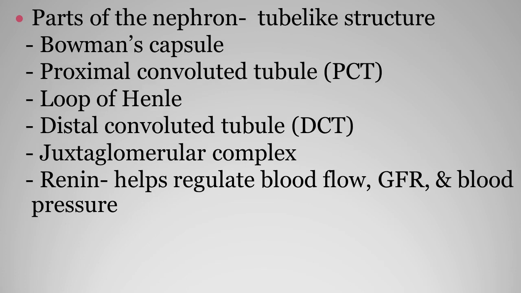And these nephrons are extremely small, but they do have very distinctive parts that each serve a very, very important process or job, okay? You have your Bowman's capsule, and your Bowman's capsule is what is around your glomerulus.